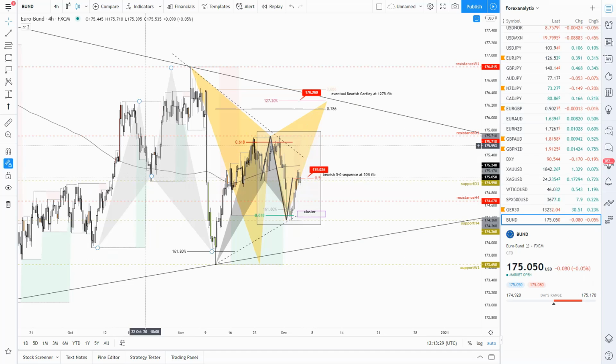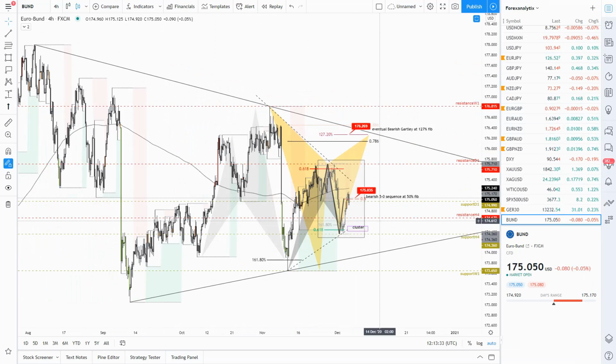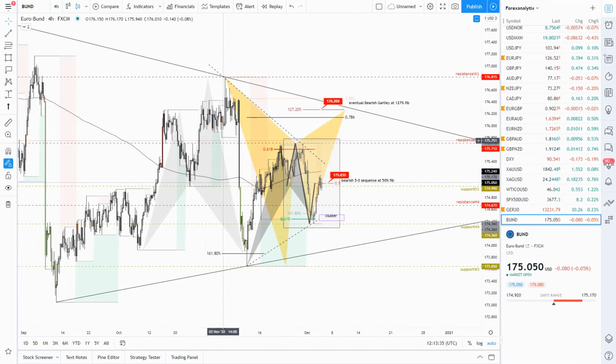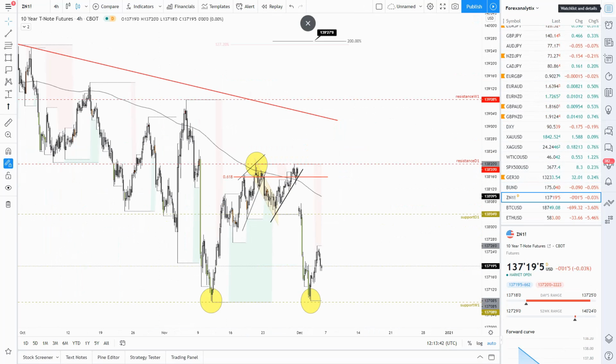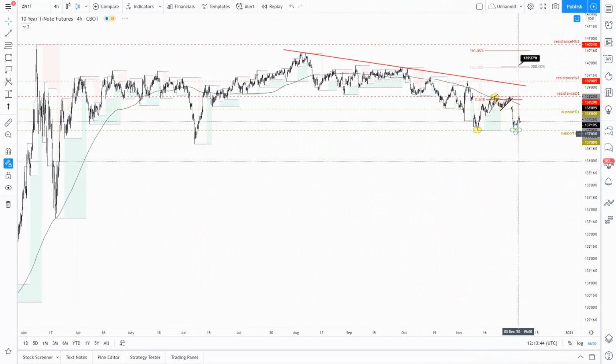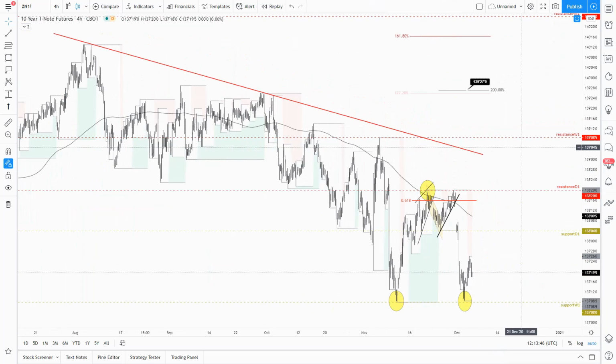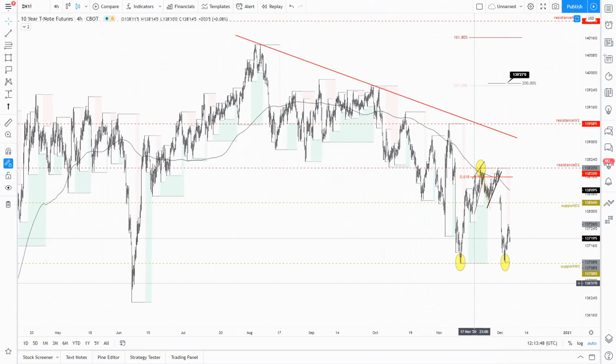Very much constructive, interesting, and reacting very well to those advanced pattern formations, not only those ones, but previously also respecting some of the patterns formed. For now, for the bonds, I see this as a potential technical double bottom, which will make this resistance the neckline.